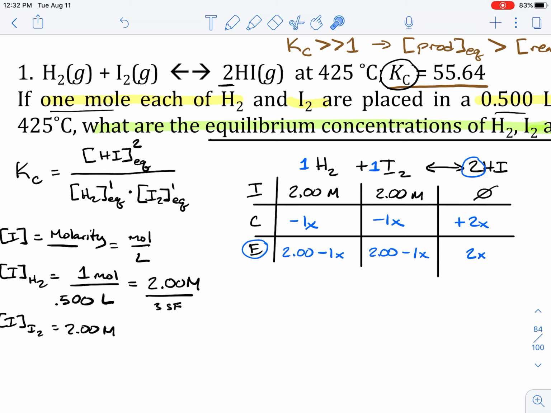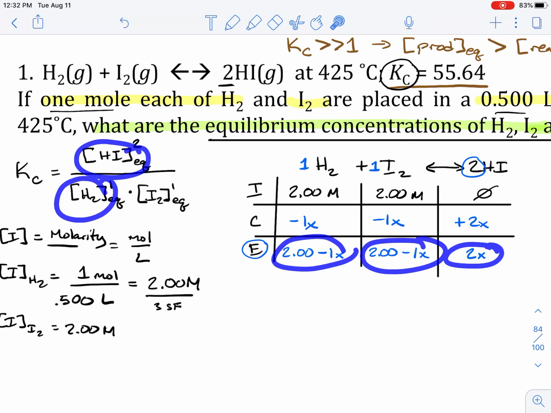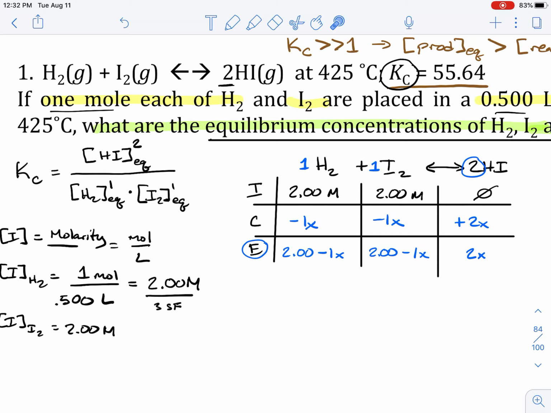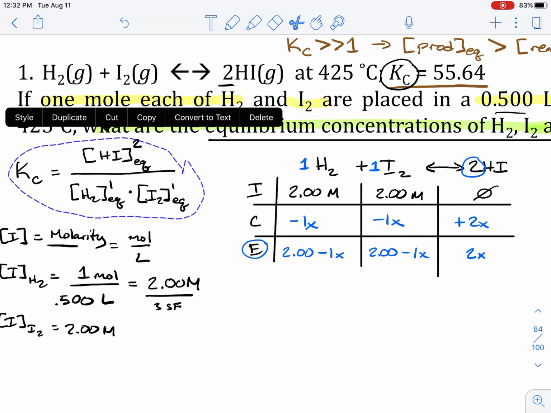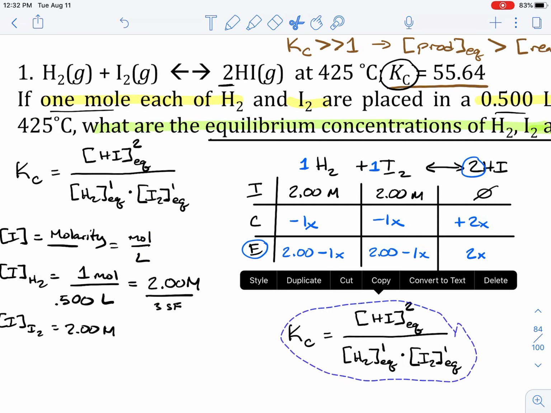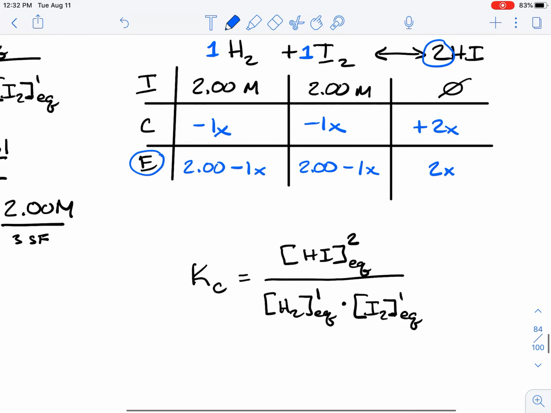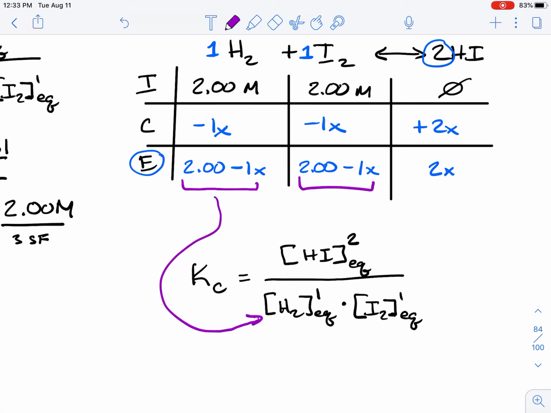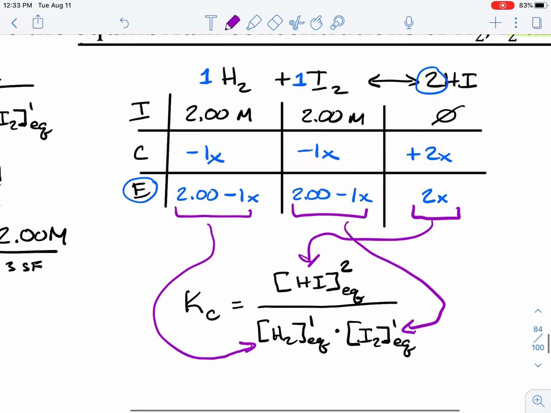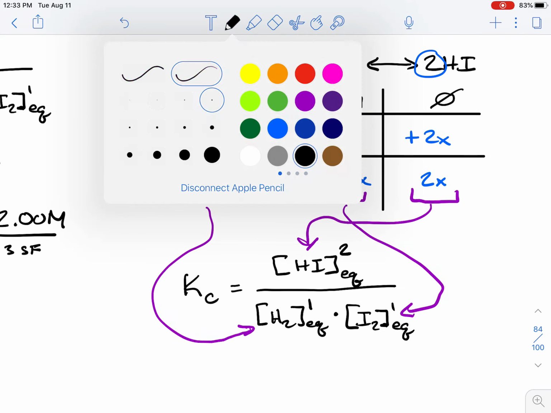And so once we have the equilibrium concentrations, we're going to plug in every single one of these terms into the mass action expression. I'm just going to copy and paste this right here. I'm going to take this term and plug it into H2, take this term and plug it into I2, and take this term and plug it into HI.